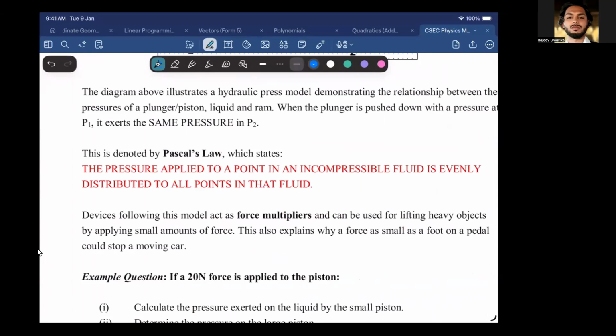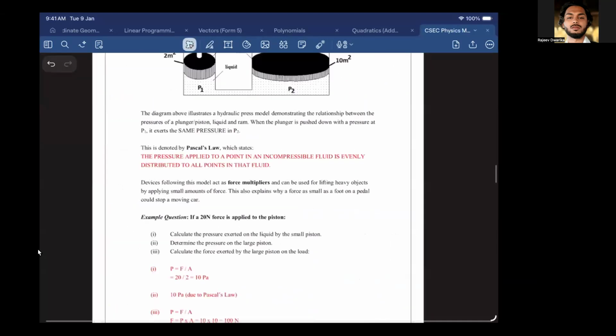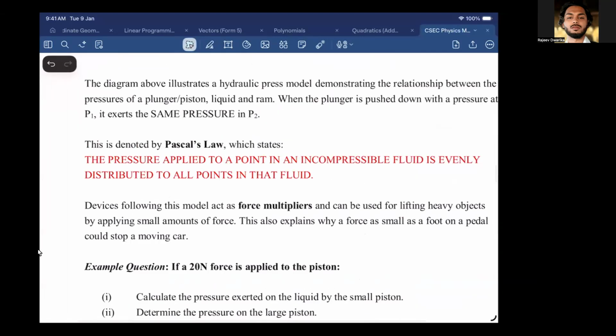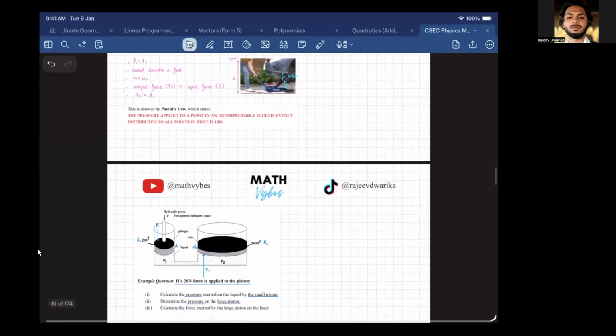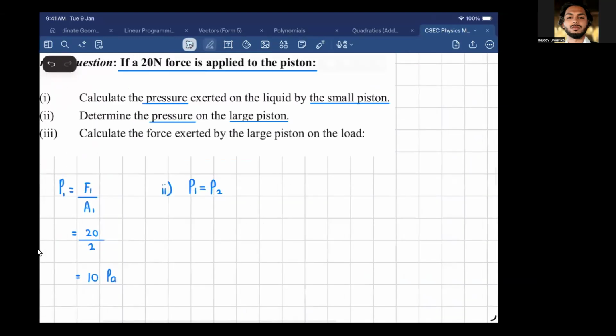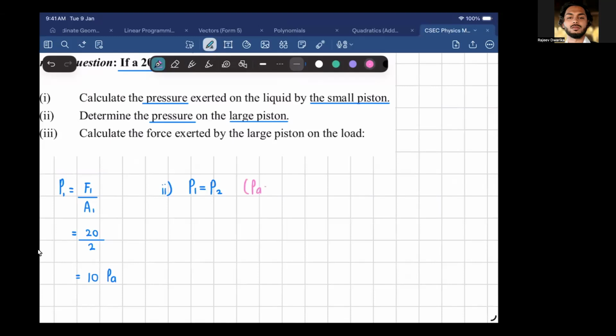Right. So that's what we're using. The pressure applied to a point in an incompressible fluid is the same at every point. So the reason why we can see this is because of Pascal's law. Do you remember what Pascal's law said?